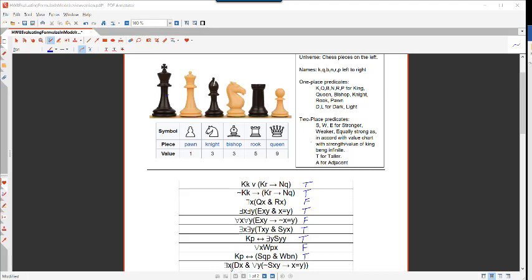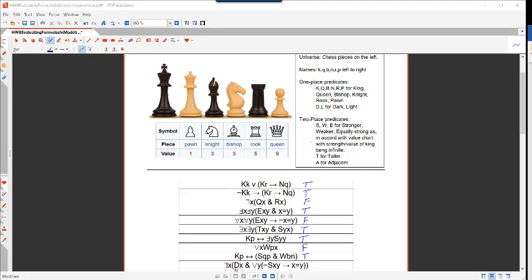So let's choose the king, right? So there exists an x such that x is dark. Okay, king is dark. And for all y, if it's not the case that x is stronger than y, well, the king is stronger than everything, right? Except itself. So if we plug king in for x, then the only way that we can make the antecedent true is by plugging king in for y, but then of course that would make x identical to y.